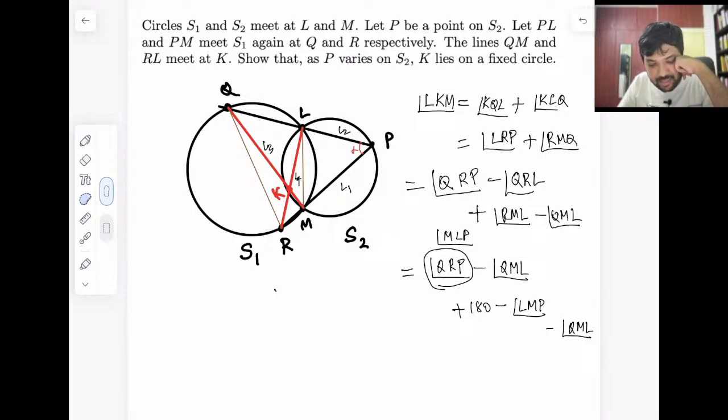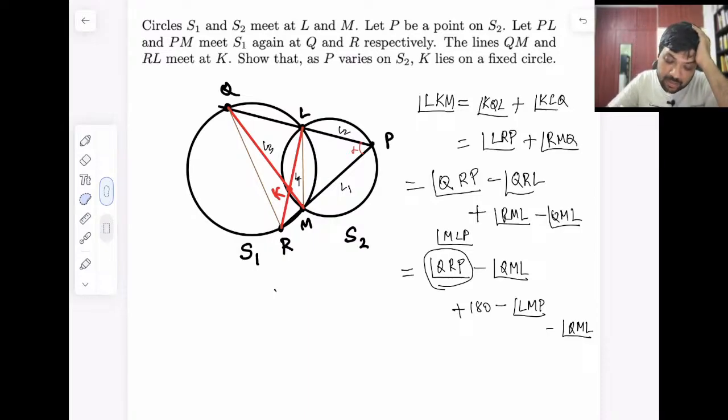There are no tangents in this problem. Should I have maybe chosen something with tangents? LKM. Maybe I should have gone back to QRP. MLP, and MLP is 180 minus alpha minus LMP.